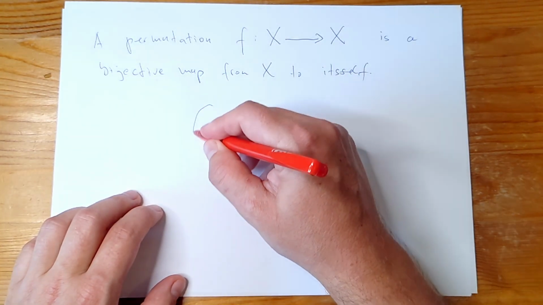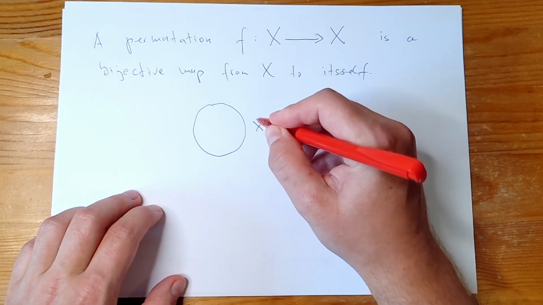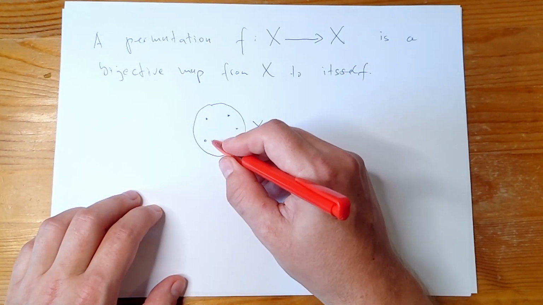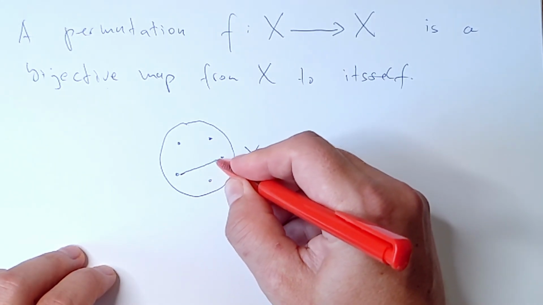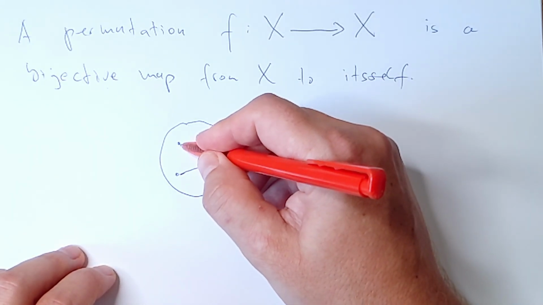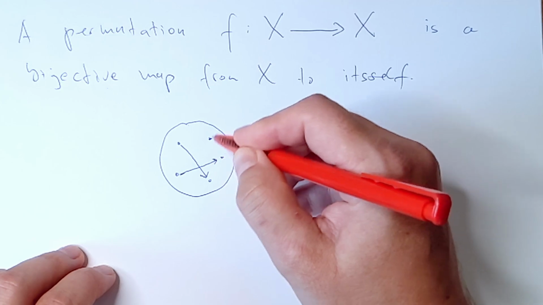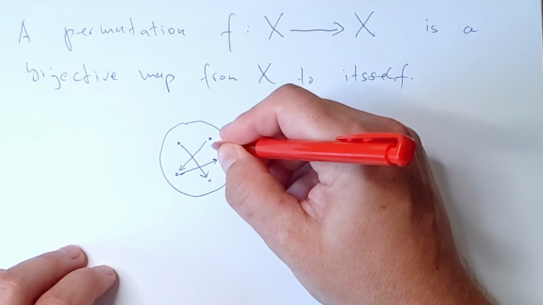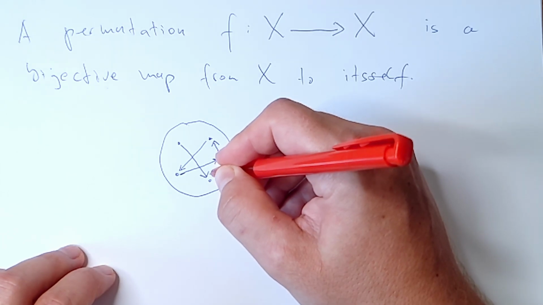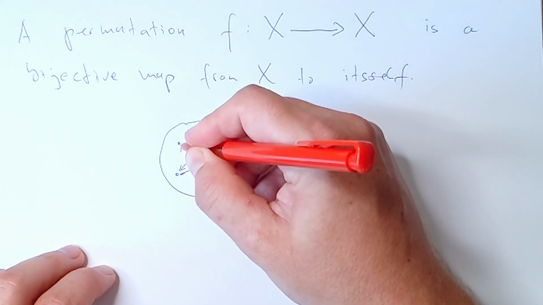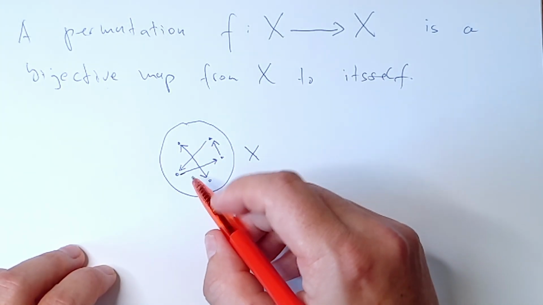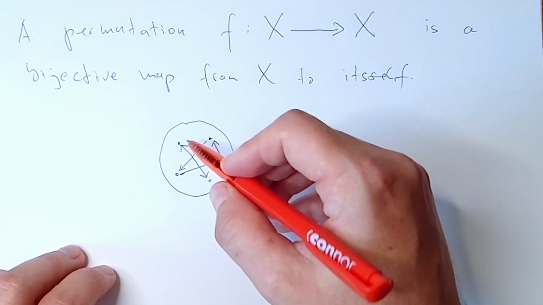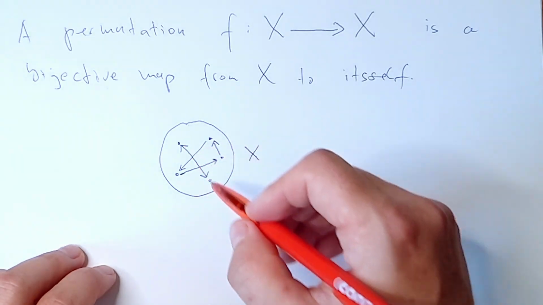Let's say we have here our set X. Let's again draw 5 elements here. And then say we map this element to this one. We map, say, this element to this one. This to this one. Here, let's say this goes to this one. And let's say this goes to this one. So here, this is how it could look like. So here we have a 3-cycle, but we will talk about this also later, and a 2-cycle.